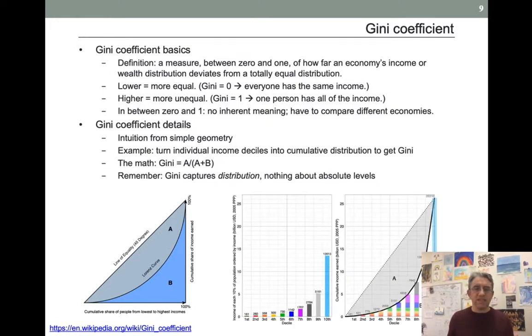Now, let's imagine this with a slightly richer example. This is taken from the Wikipedia page on the Gini coefficient with the deciles of global income from 2011. And what you see there is the poorest to the wealthiest deciles, the poorest to the wealthiest categories of 10% ranked by income for the global economy.